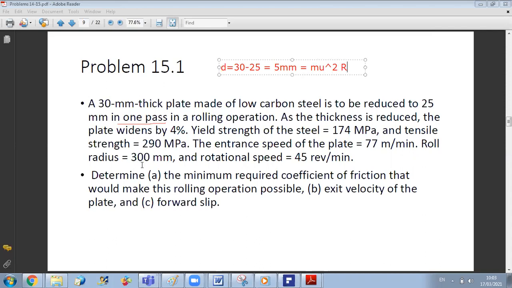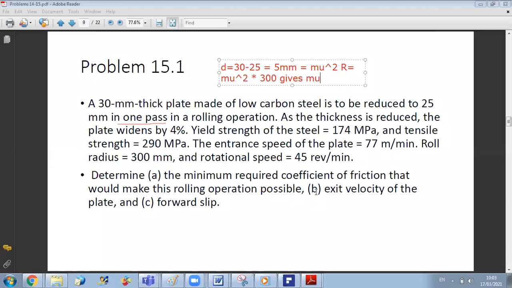So here R is already provided in millimeter. The roll radius is 300 millimeter. So I can say that d is equal to mu square times 300. This equation will give me the value of mu required to perform the operation in just one pass.